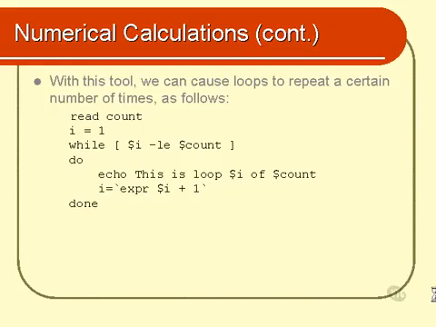And then the key part of this whole code snippet that you're looking at is the next line, which essentially says i equals i plus 1, but we have to do it in a rather complex way. As we saw before, we have to use expr $i plus 1 with the space around the plus. We have to enclose the lot inside back quotes, and then we assign that using no spaces around the equal sign to the value i.